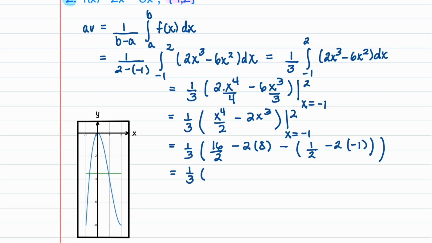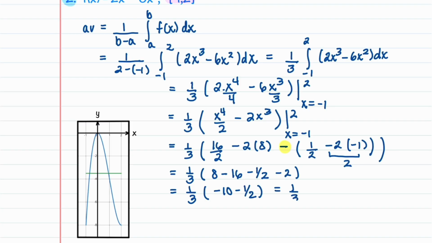Let's see what we get. This is going to be 8 minus 16 minus 1/2. Here we have a 2, and then we have a minus out in front, so this becomes -2. This then is 1/3. 8 minus 18, so that's -10 minus 1/2.